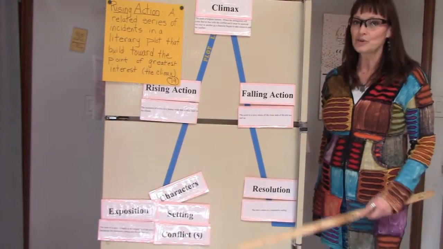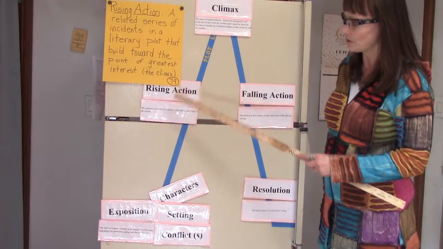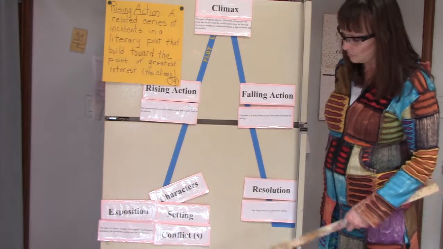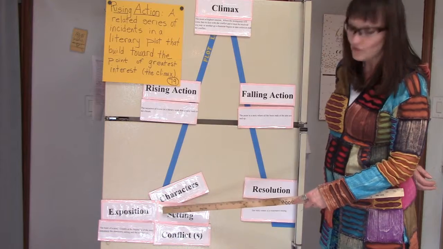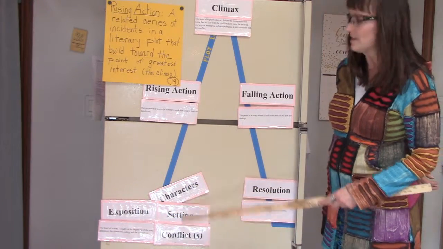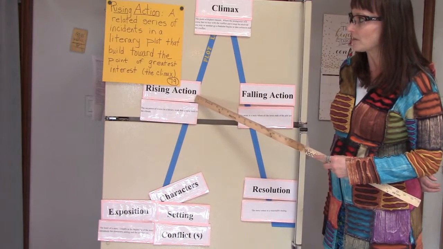So the next word is number 79. It's rising action. And guys, we're doing the last two words for plot. We've already started with the exposition, which is the very beginning of the story that describes the characters, the setting, and the conflicts. Then you get into your rising action.